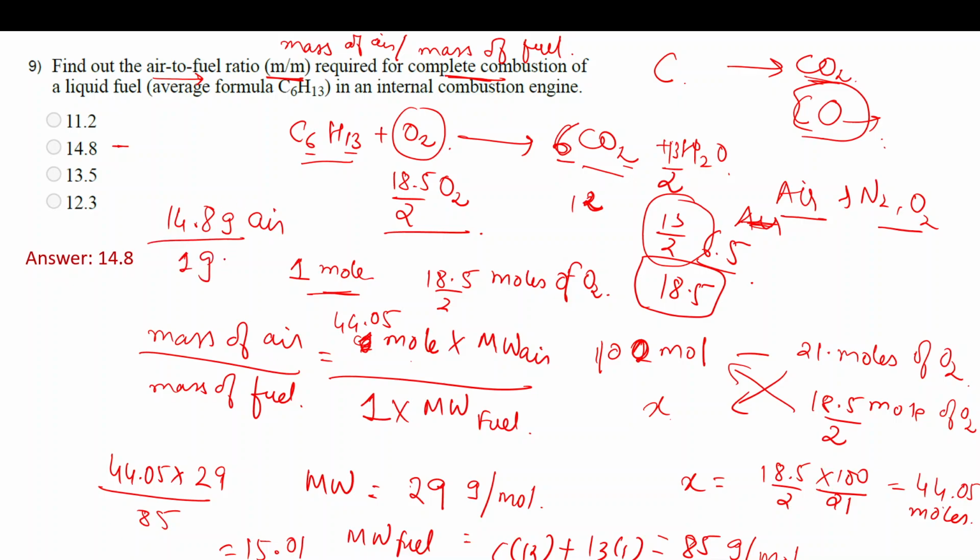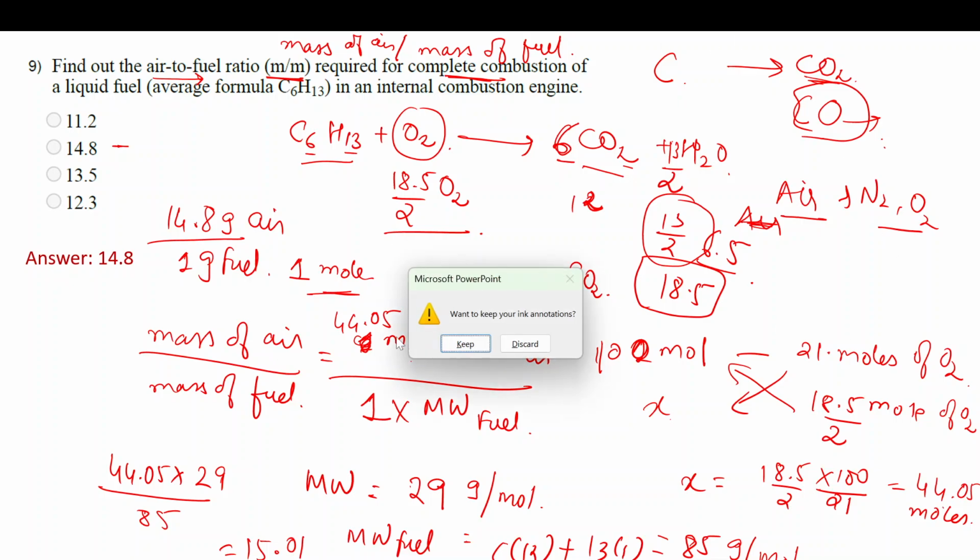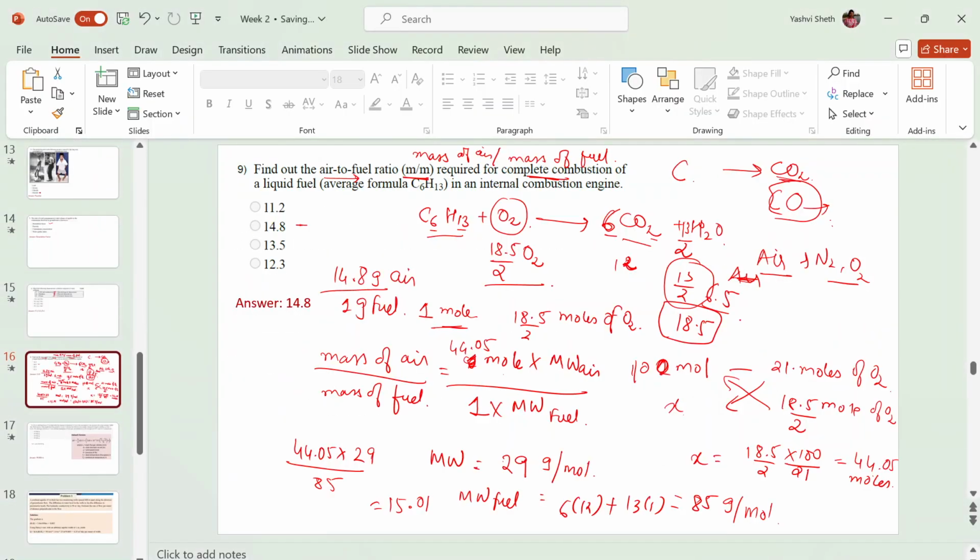So 14.8 gram of air is required for 1 gram of fuel to be completely combusted. I hope it is clear.